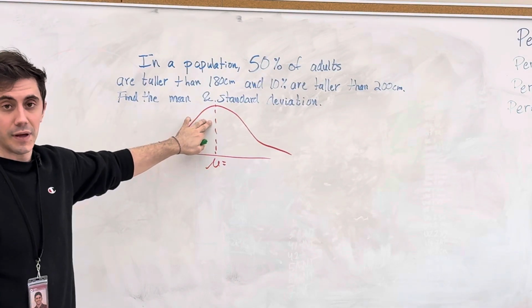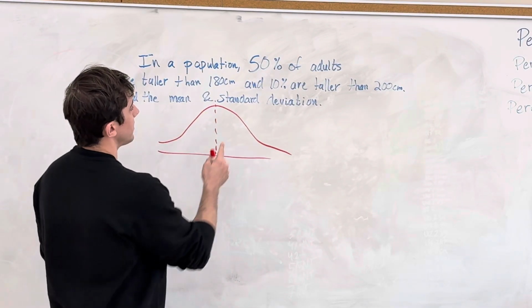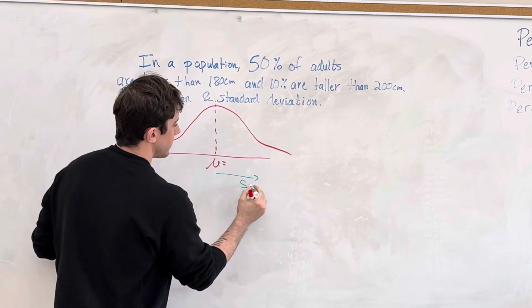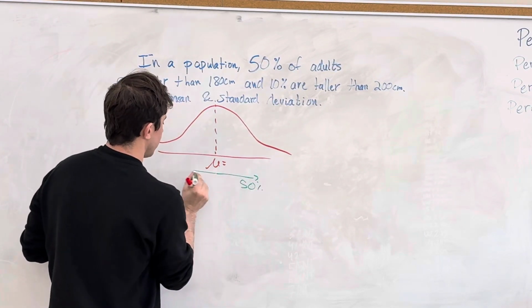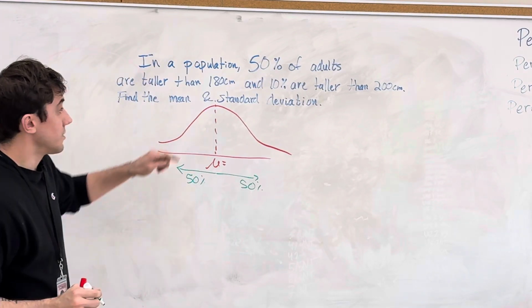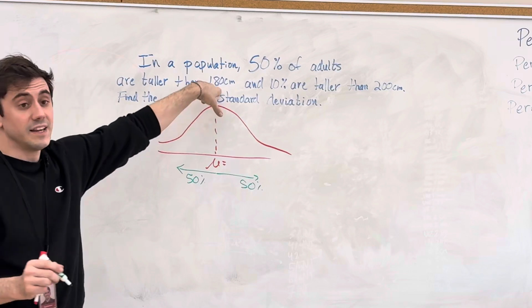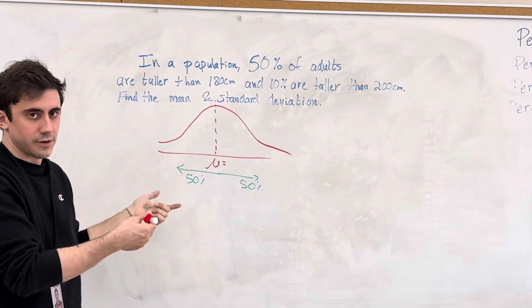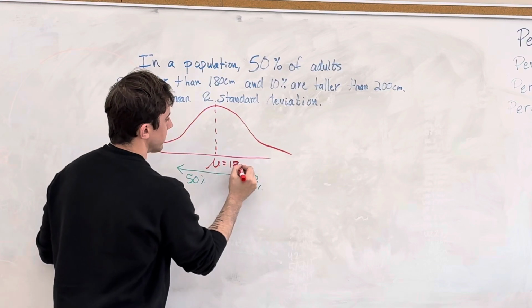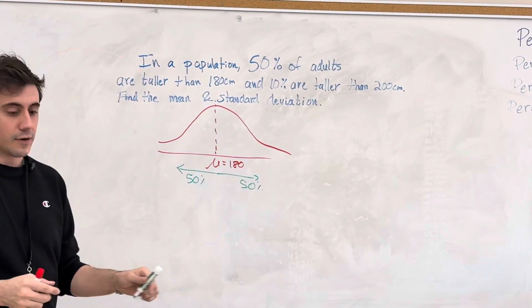That means 50% of the data set lies above the mean and 50% lies below it. So if 50% of adults are taller than 180, then 50% are also shorter, and our mean must be 180 centimeters.